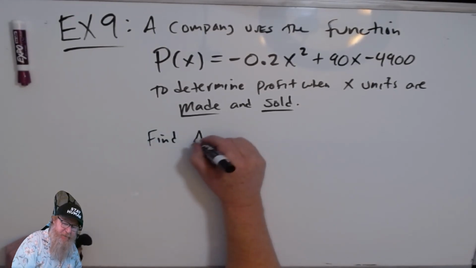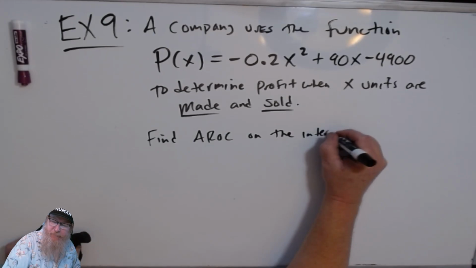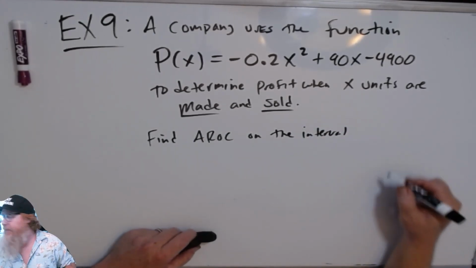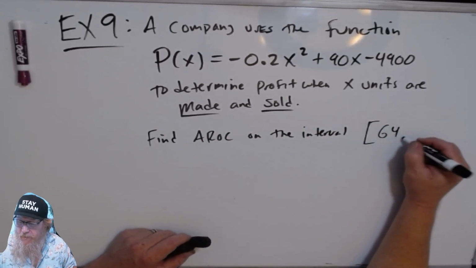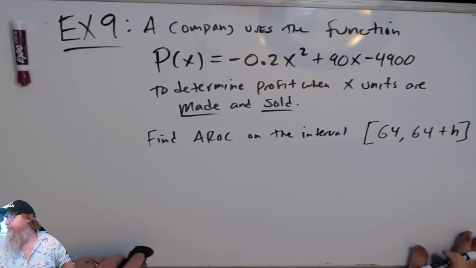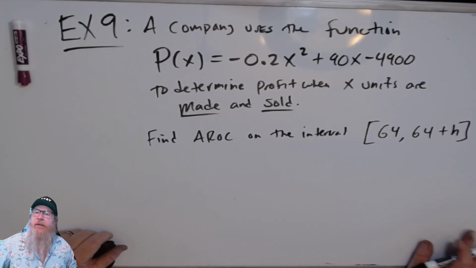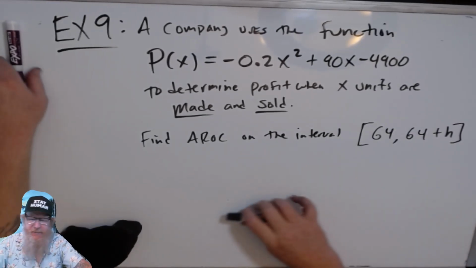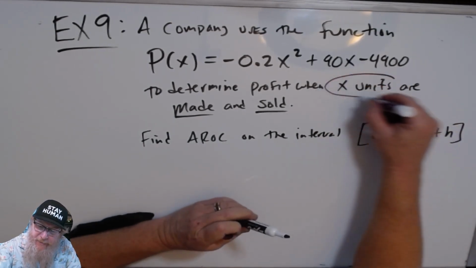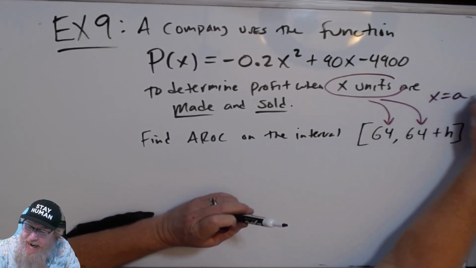Find the average rate of change on the interval 64 and 64 plus h. So 64 is the number of units. So x is equal to a.